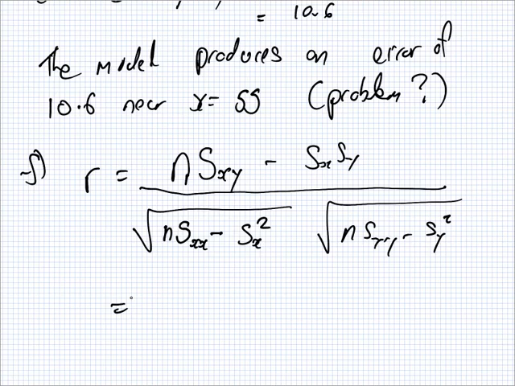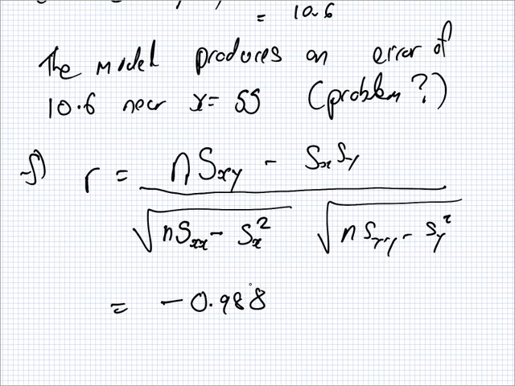The first one is 9 times 31475 minus 485 squared. 9 times Syy, 47204 minus Sy squared, 552 squared. Quite negative, minus 0.988. Yeah.